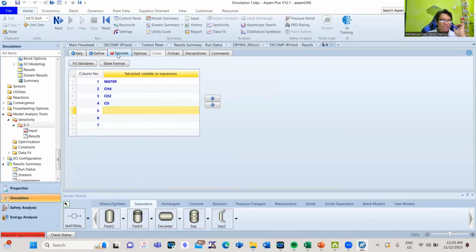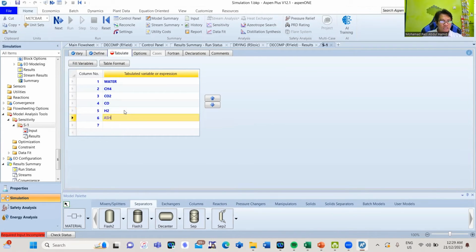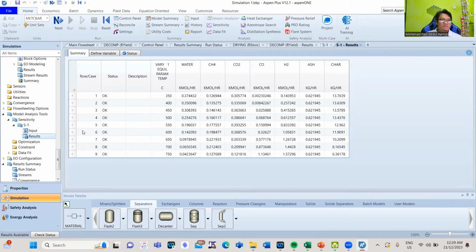Hydrogen, ash, char. Okay, now that you are done, just hit next, hit OK. Now everything is done. Go to the results of the sensitivity analysis.